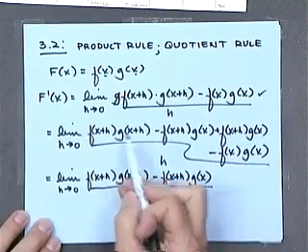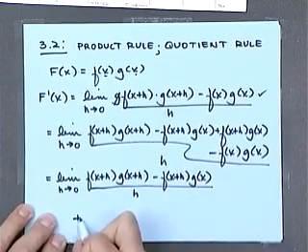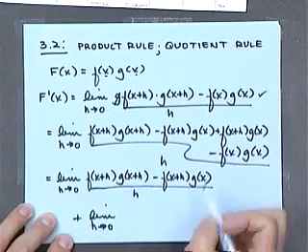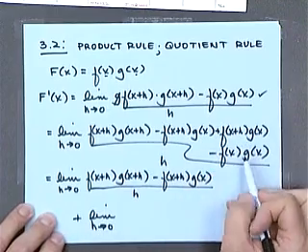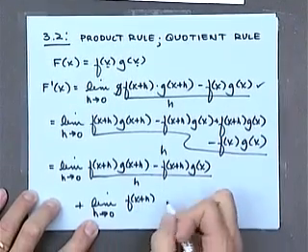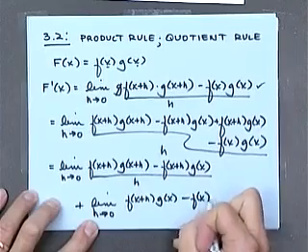So I'm taking this piece minus this piece over h. And then we've got these last two pieces now, f of x plus h, g of x minus f of x.